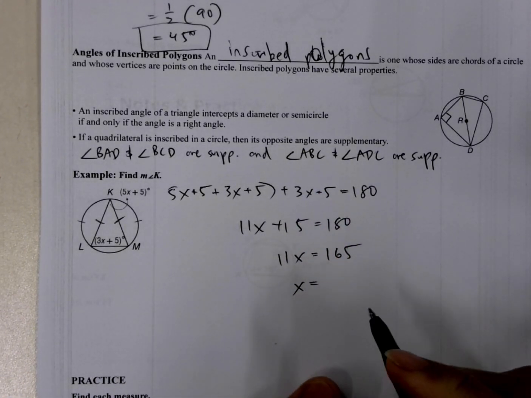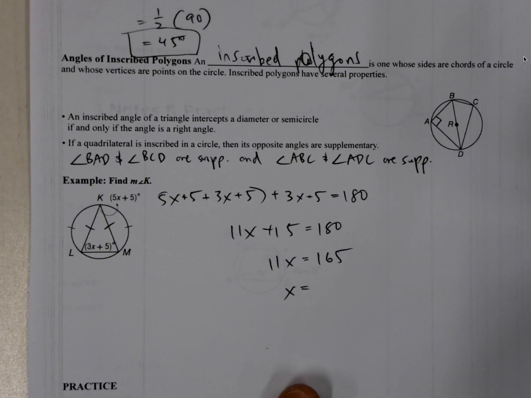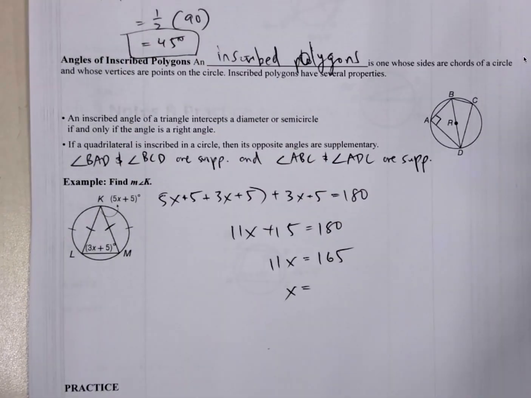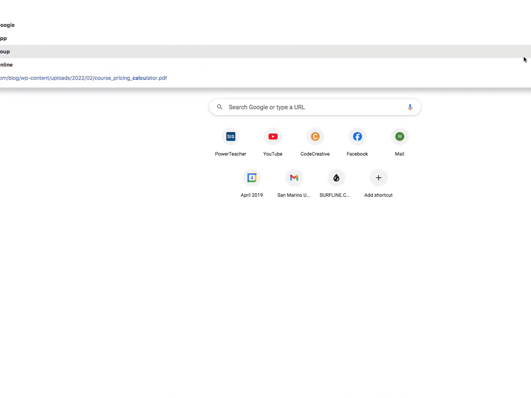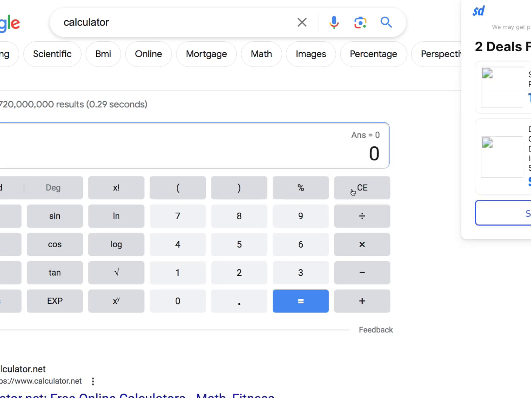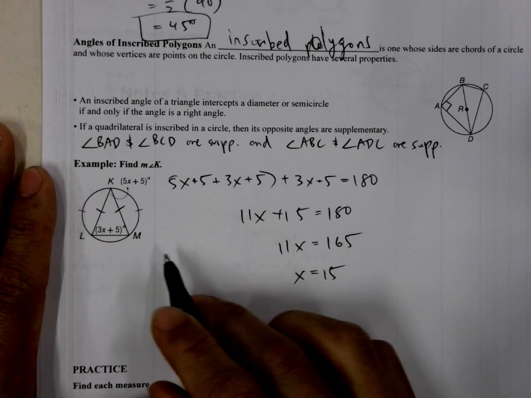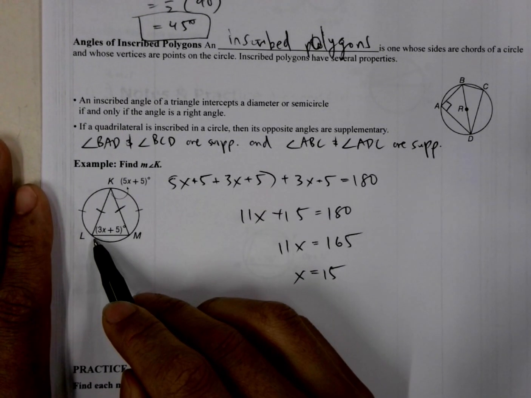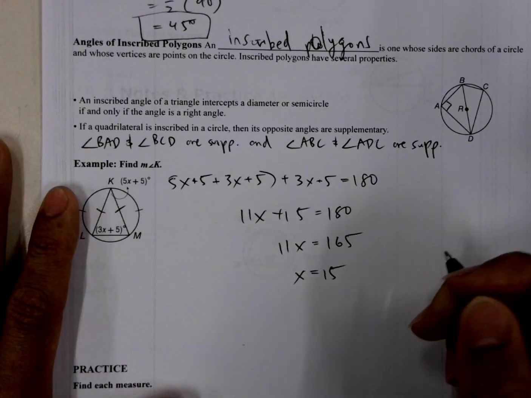Oh no, x is equal to some strange number here. Let's see if I can get a calculator. So 165 divided by 11 is equal to 15. Nice. Okay, so x is equal to 15 and we're trying to find the measure of angle K, that's LKM, so we just plug in.